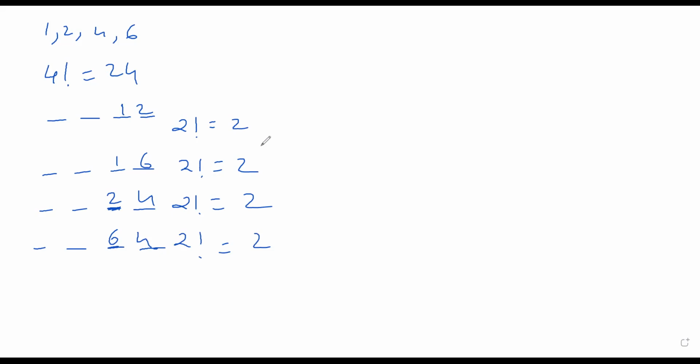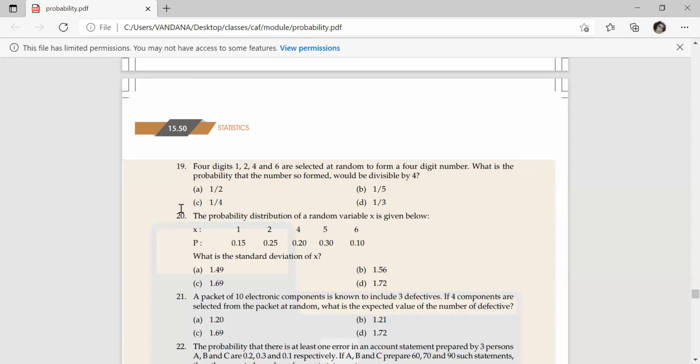So there are 2, 4, 6, 8. Only 8 are divisible by 4. So if I form any one of these 8 numbers, then it is divisible by 4. So the probability will be 8 by 24, that is 1 by 3. D is your answer.